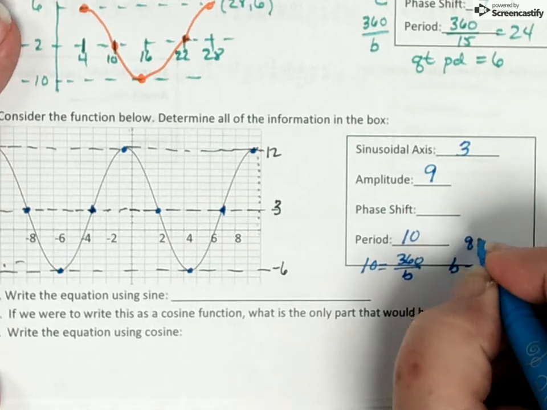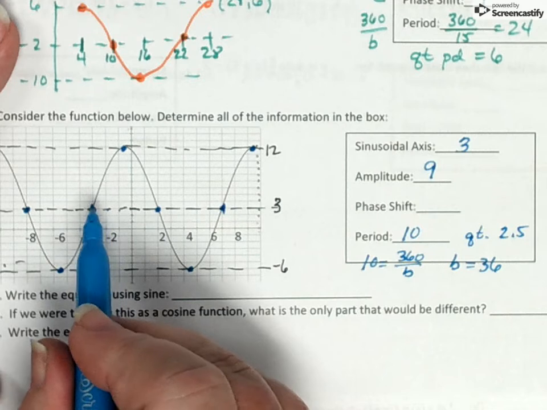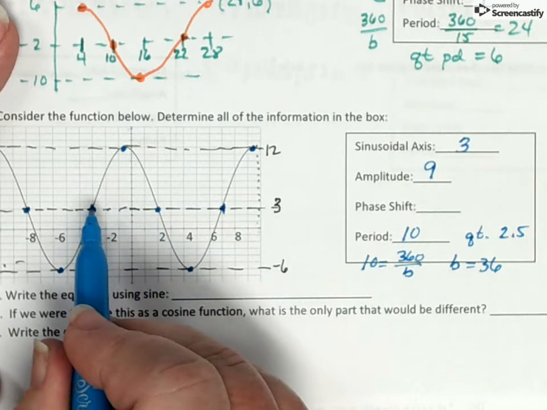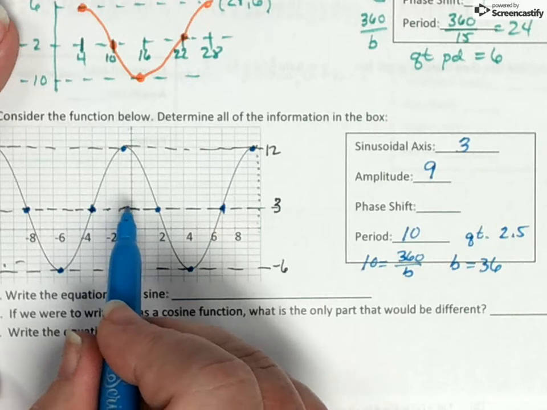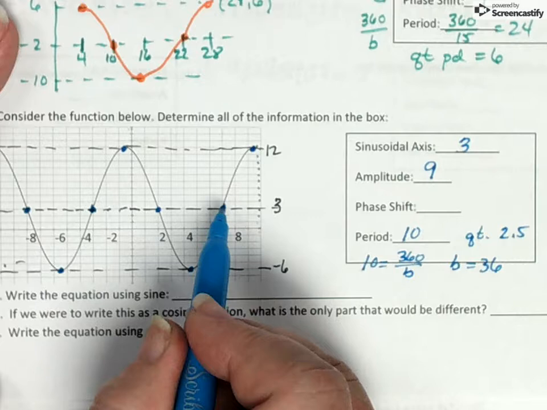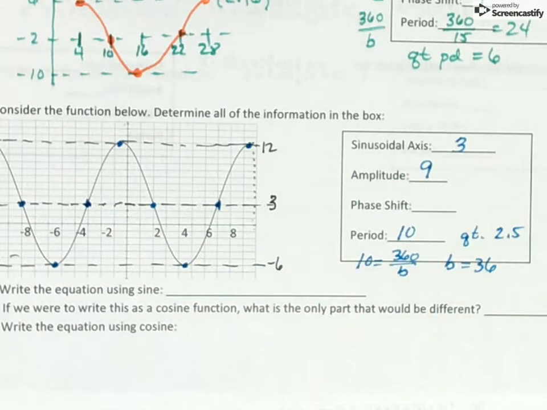Also, my quarter period is 2.5. So I know that each of these critical values are 2.5 apart. So -3, -0.5, +2, 4.5, +7. So I have a lot of information and I haven't even written an equation yet.